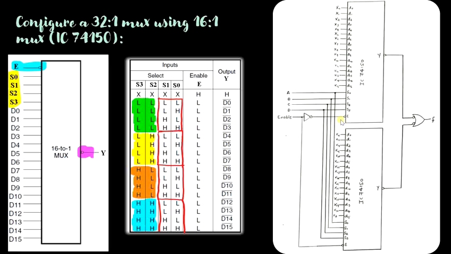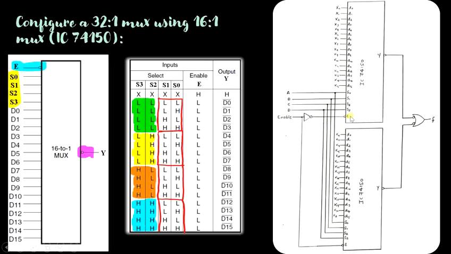But if you observe, our select lines for the 16:1 mux are only 4. So what we have done here is, A, B, C, D are considered as the select lines that you can clearly see, S0, S1, S2, S3, and the same select lines have been provided for the second IC.